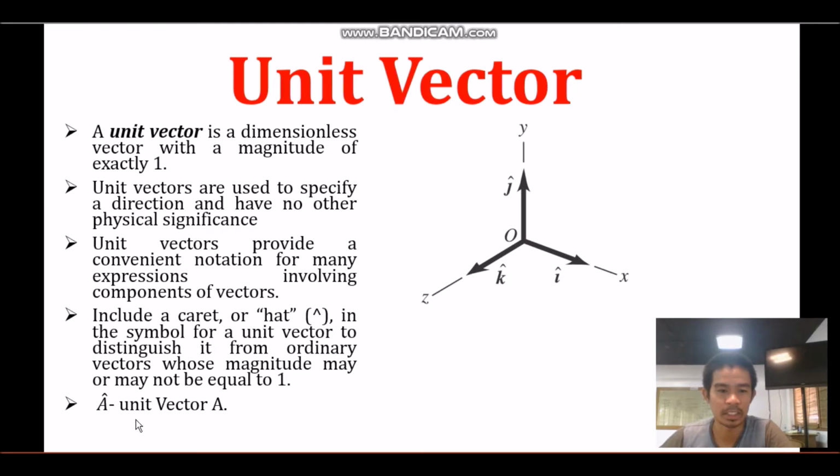It means a unit vector of A. It's better to read this as A hat than unit vector A, because it's too long to read unit vector A. So again, A hat is a unit vector of vector A.